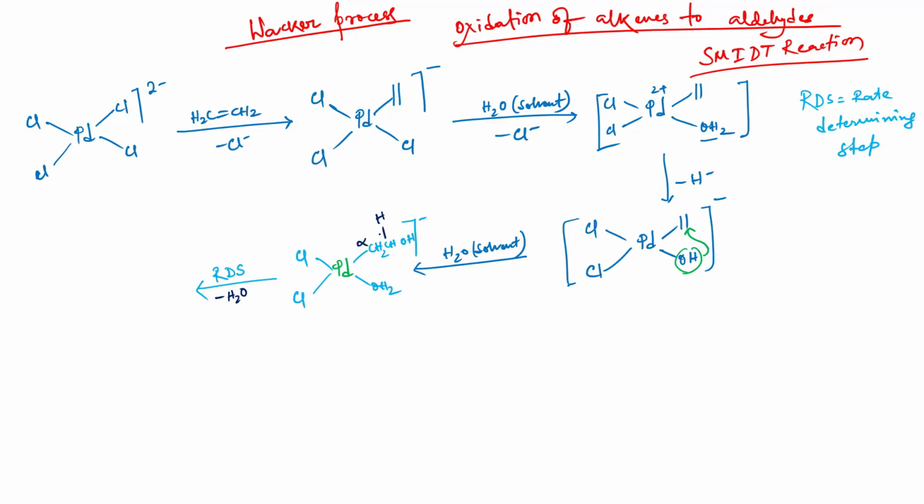So this is the alpha position and this is the beta position. So this beta hydrogen from the CH group will migrate from the alkene to palladium with the liberation of water. This is a kind of beta hydride migration and insertion, where it is inserted onto the palladium.